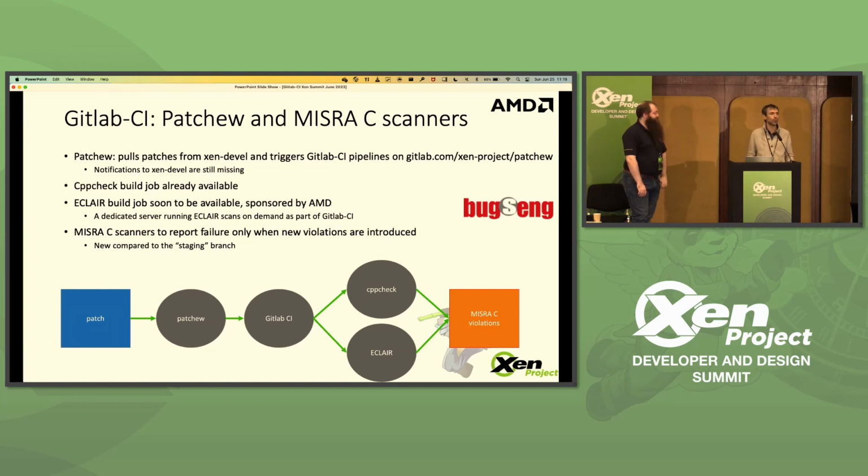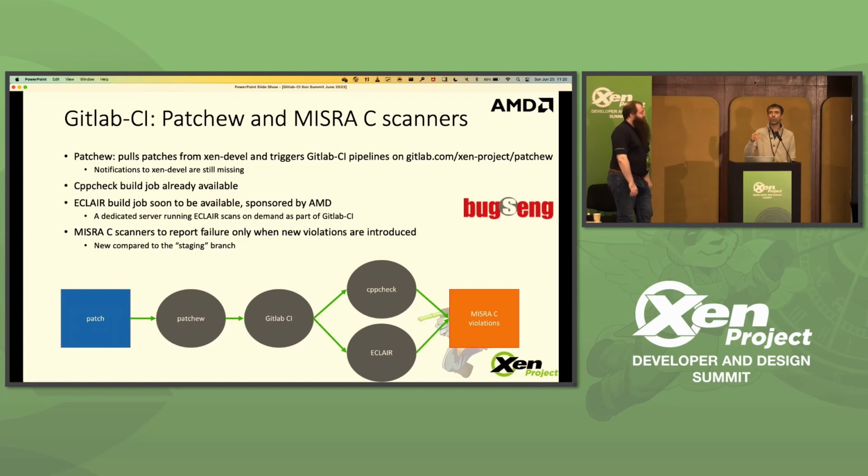And if you know GitLab, if you commit to a Git branch, that triggers a pipeline. So what it means is we have GitLab pipelines and tests for random patches sent to XenDevel. We tend to forget them because somehow the notifications from patchu are lost. So we don't really have email notification to XenDevel, and this is one of the probable complaints that Andrew is going to tell you more about.